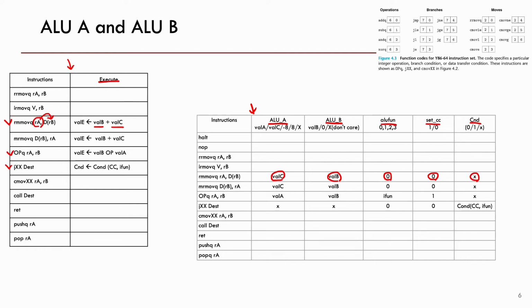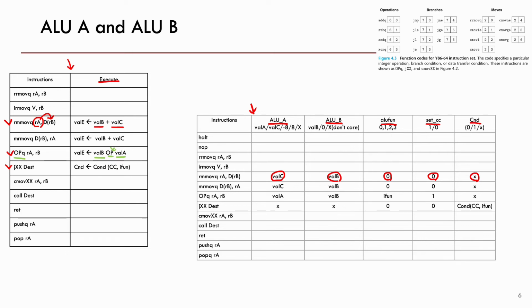The next instruction is the OPQ instruction, which computes val B op val A. Here the op code is given by the function code in the instruction.